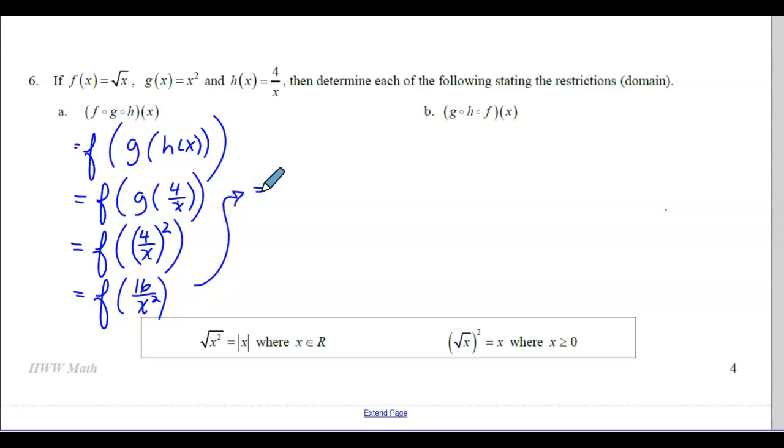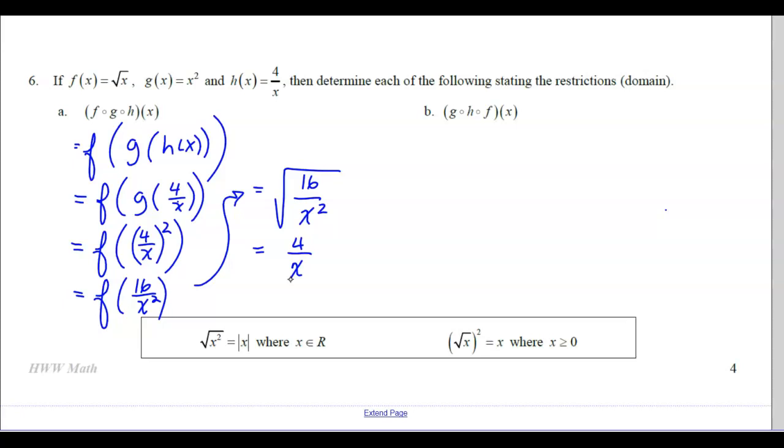And then in f, I substitute that in. So that's going to be 4 over x. Notice that though, here, so 16 obviously squared is 4. Square root of x squared is x.